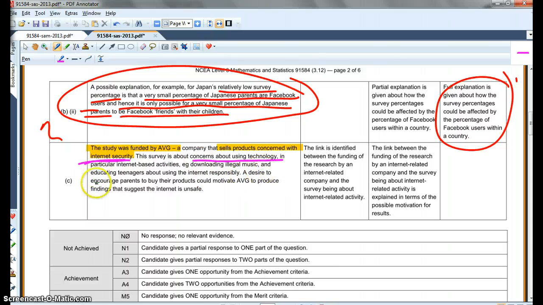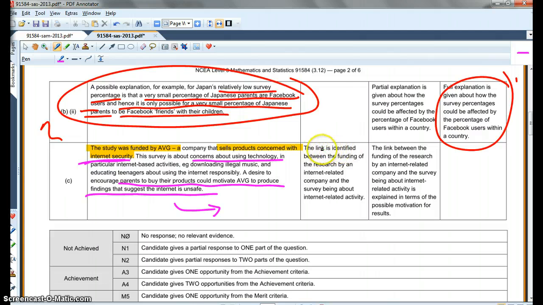A desire to encourage parents to buy their products could motivate AVG to produce findings that suggest the internet is unsafe. Okay, so why are they doing the survey? When you ask this sort of question, that's what you've got to be looking for.